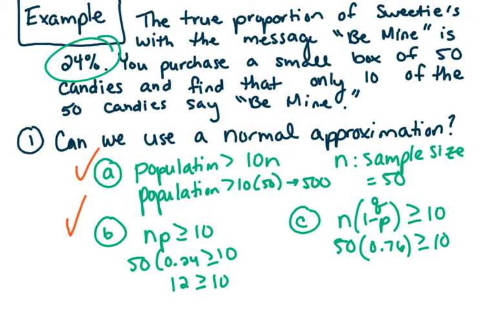And so we already know that if 50 times 0.24 is bigger than 10, then 50 times 0.76 is going to be greater than or equal to 10. But I'm going to go ahead and go through it anyways. So we get 38 is greater than or equal to 10. So check. Okay, so now I know I can use a normal approximation.